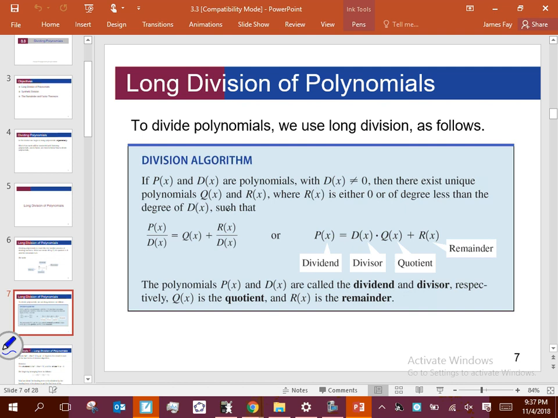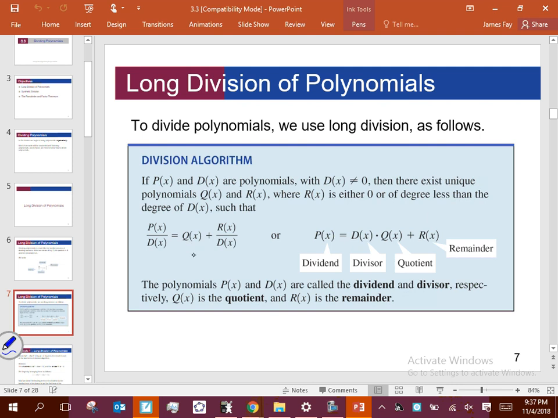And such that p of x divided by d of x, so your original polynomial divided by your divisor, is equal to a quotient plus your remainder divided by your divisor. Or what we really like to do is rewrite that as the dividend is equal to your divisor times your quotient plus your remainder.